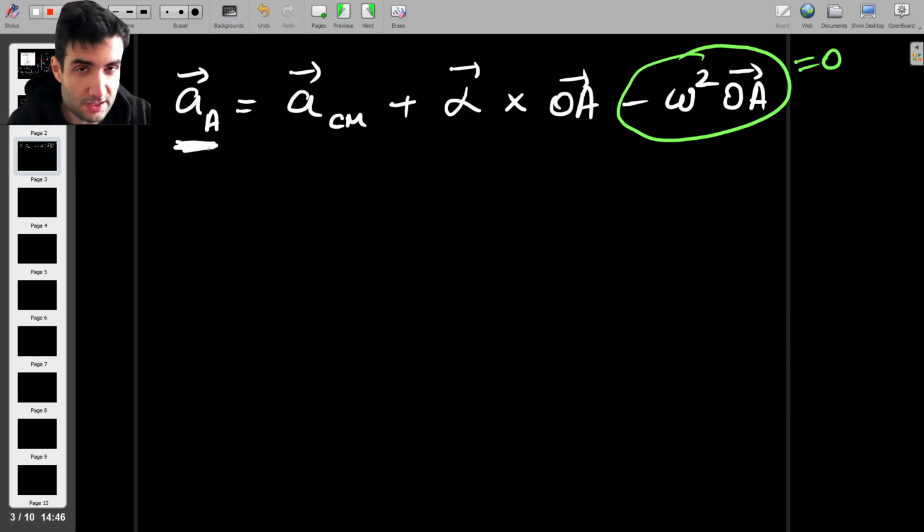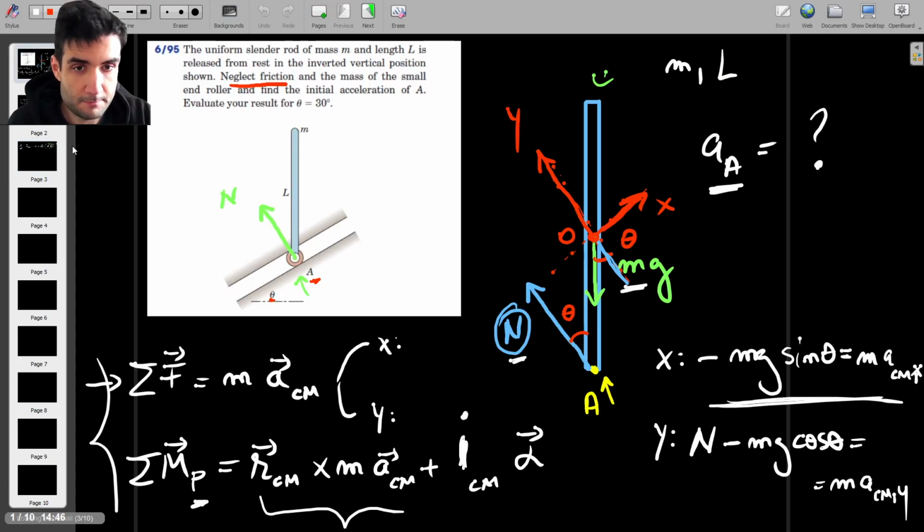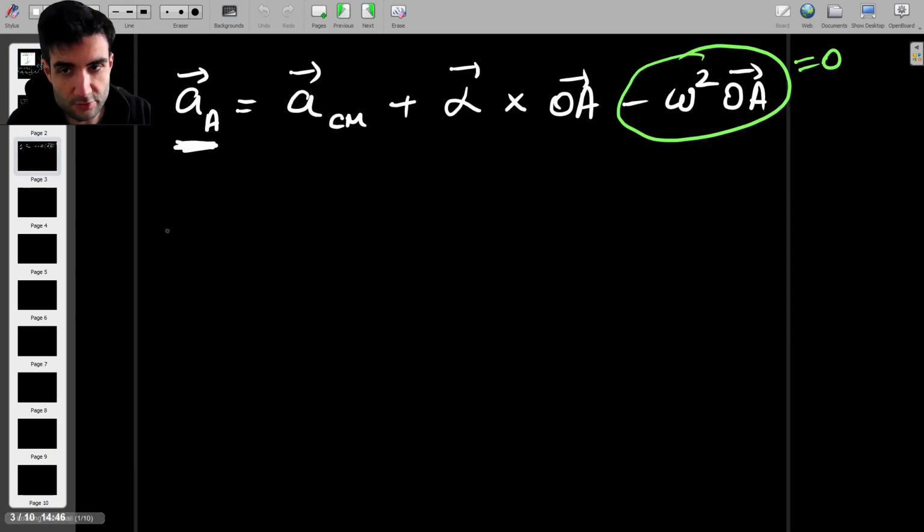Now, we know the acceleration of A will be along the channel, right? Because point A is on the wheel, and the wheel can only move along the channel, and the channel is in our x direction. So this is why we picked the x direction like this, because now we can say that the acceleration of A is purely in the x direction.